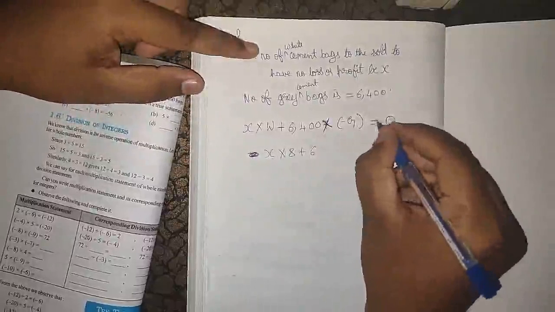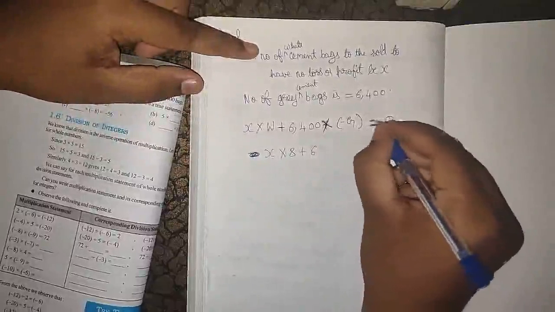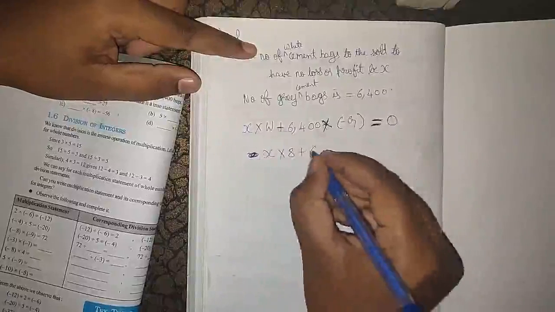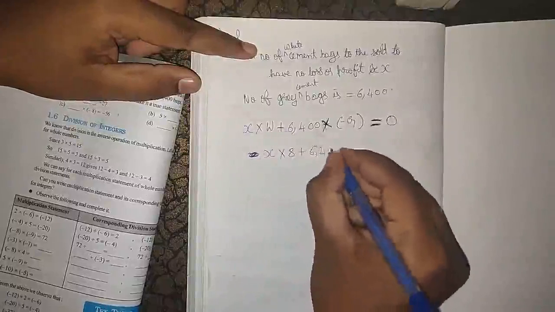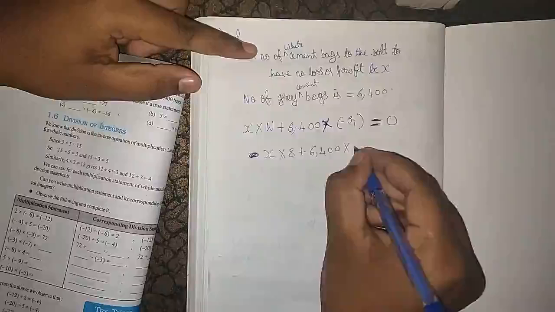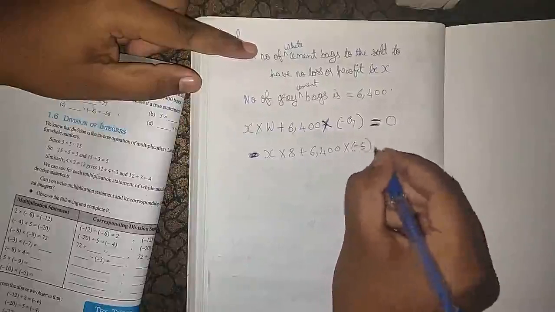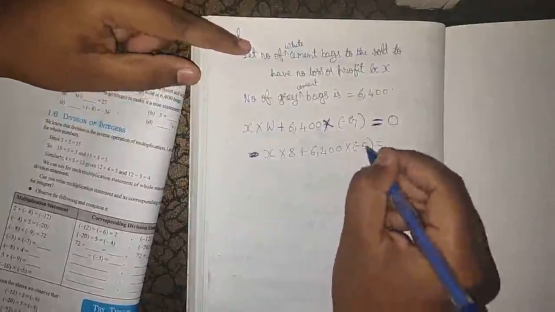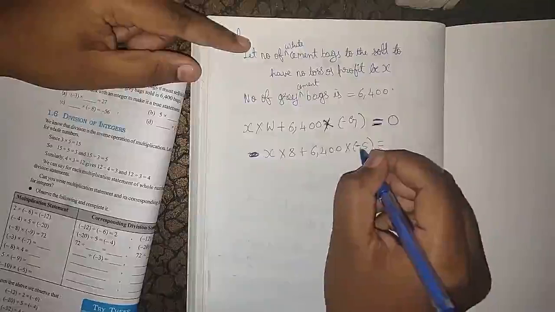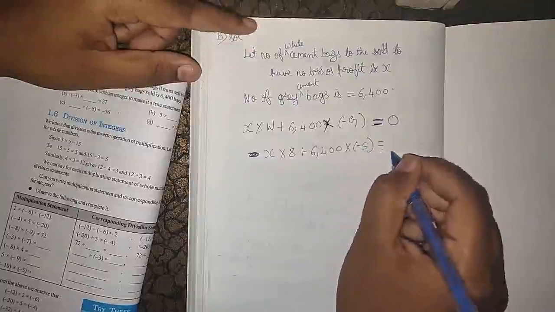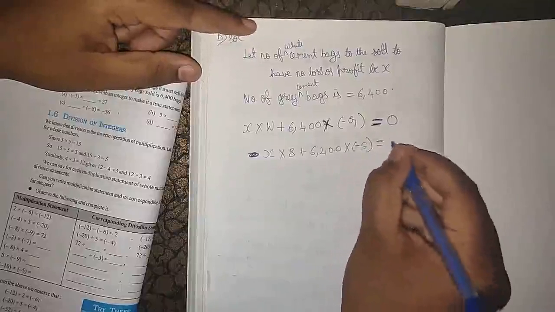So x into W plus 6400 into minus 5, where G means the loss by selling one bag of grey cement, will be equal to 0.